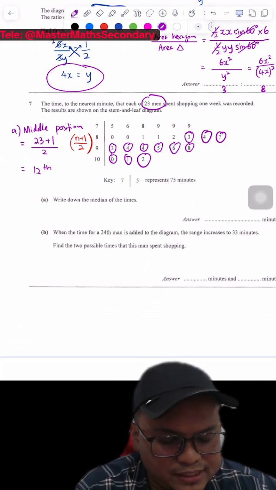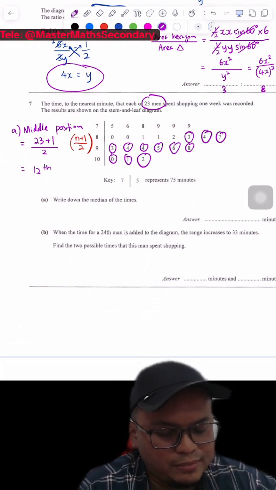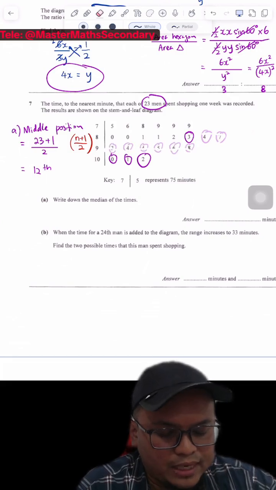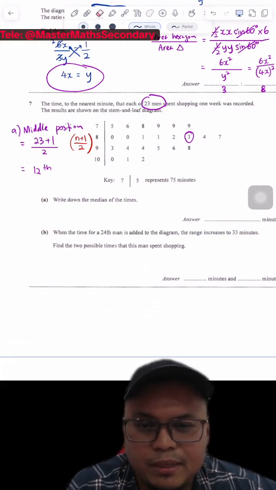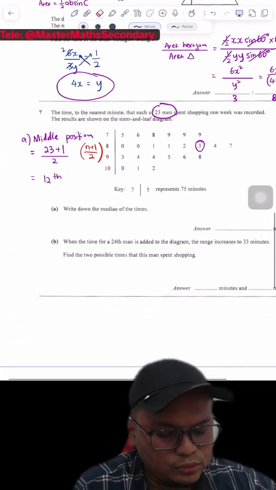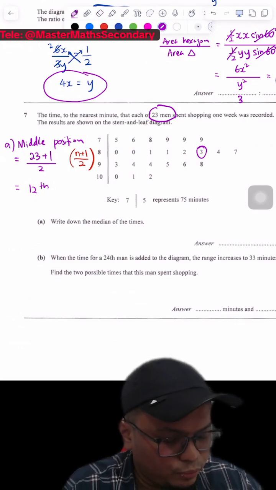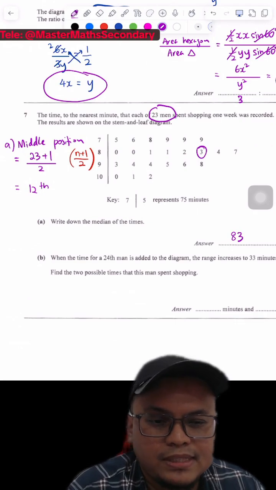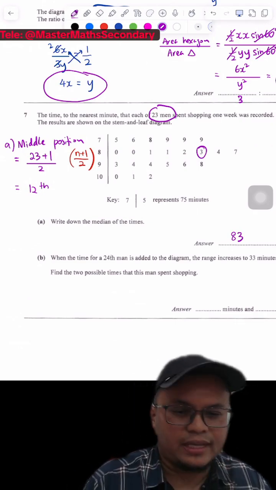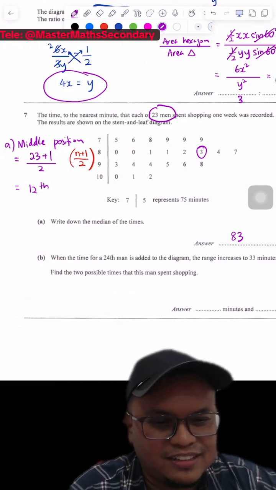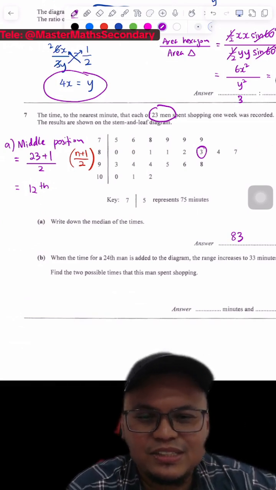Yeah, you still get the same number regardless whether you count down or count upwards, which is 83. So that is the data that sits in the middle of the distribution. So the median is just 83 minutes. That's how we get that 83. Thank you so much for liking the live, Ella. Thank you so much. So that's how we get the 83 there.